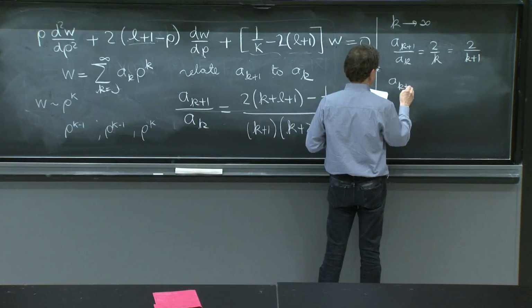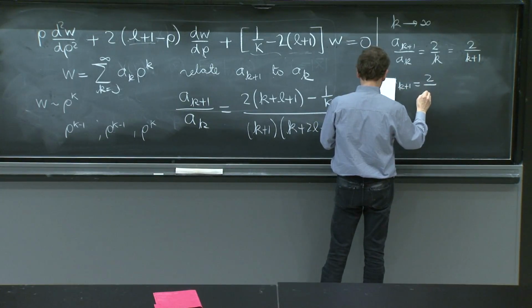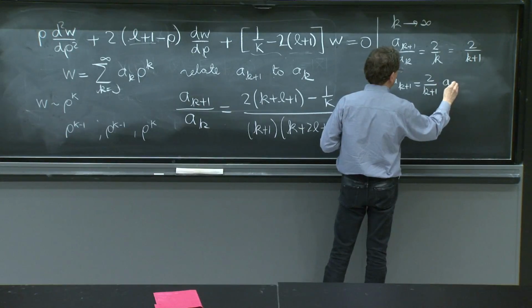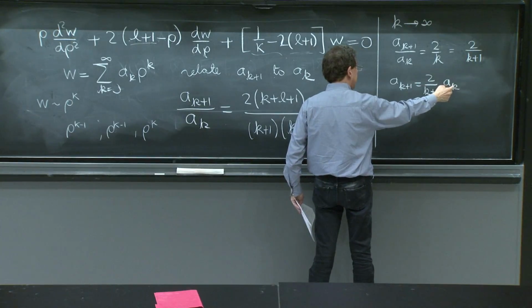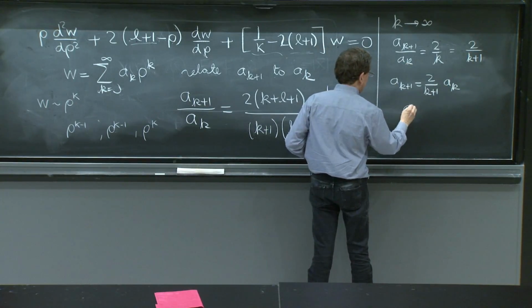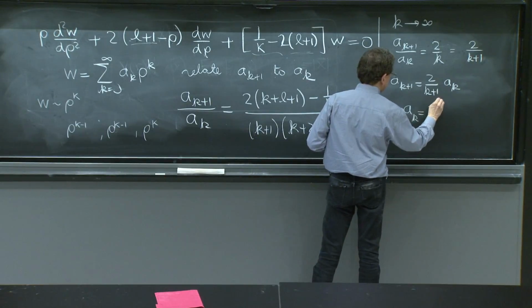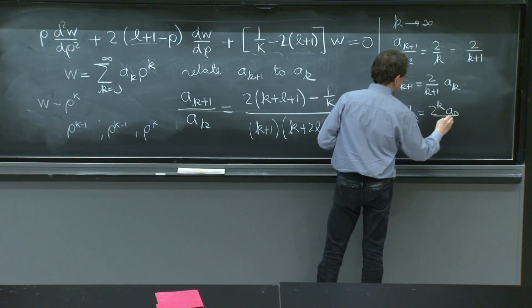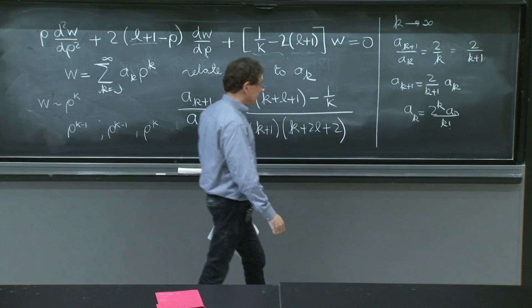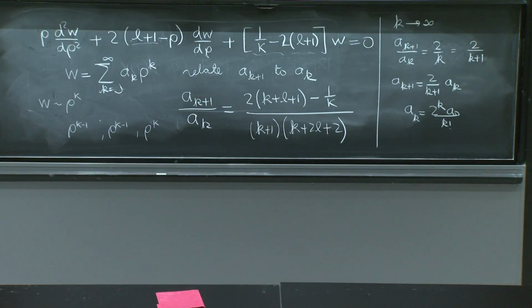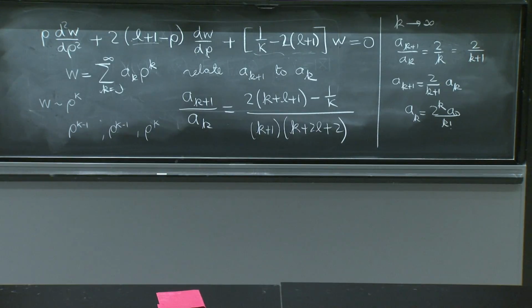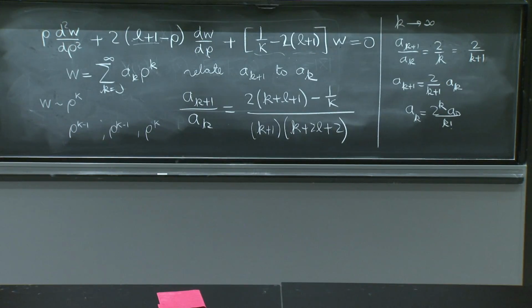a_{k+1} equals 2 over k plus 1 times a_k, very nicely solvable. A solution of this is to say, you can try it with a_0, what a_1 is, what a_2 is. a_k is 2 to the k, a_0 over k factorial. With that, we can reconstruct what kind of function this series would be building if the series doesn't terminate.